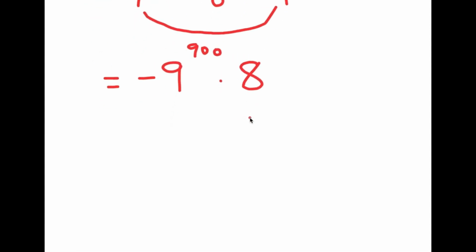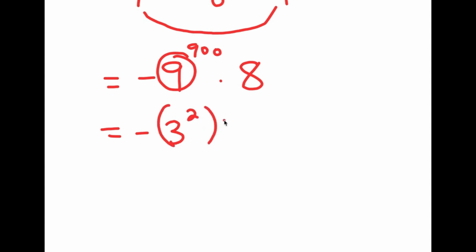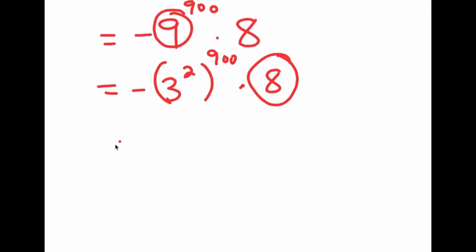Now from here, I can rewrite my 9 here as 3 squared. So I get 3 squared to the power of 900 times 8. And now 8, I can rewrite as 2 to the power of 3.